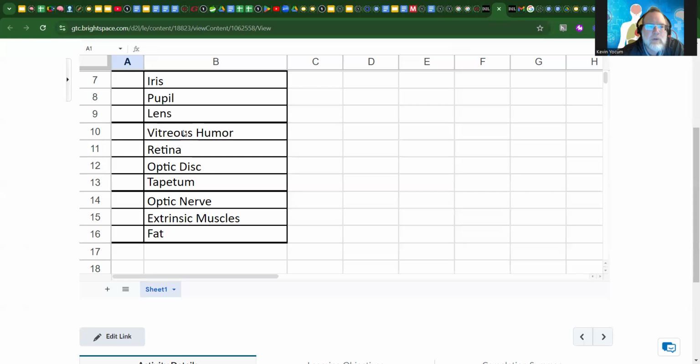So now we're into the posterior chamber, which is quite large, and again, makes up probably at least two-thirds of the total mass of the eyeball.